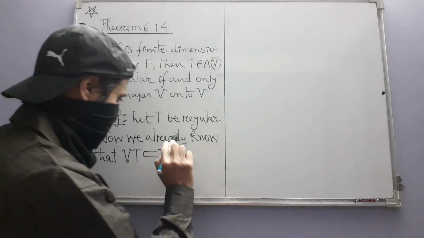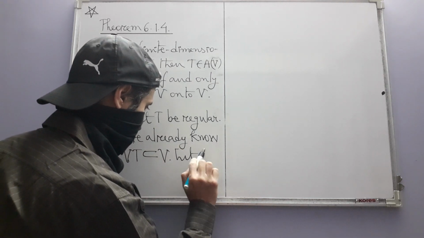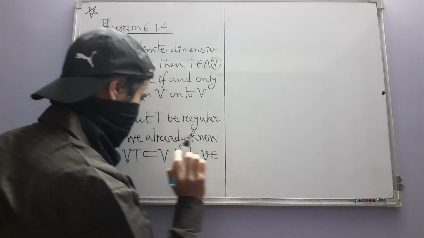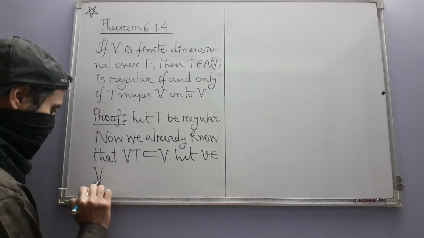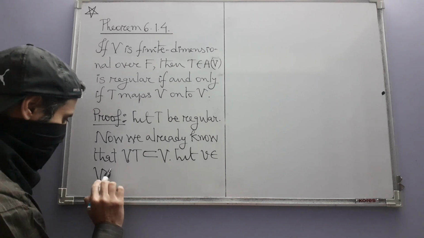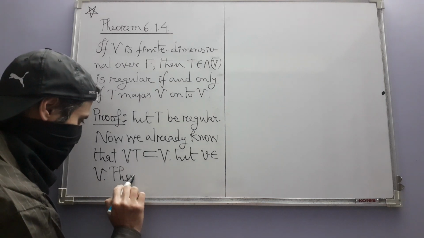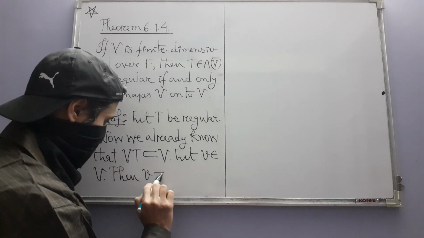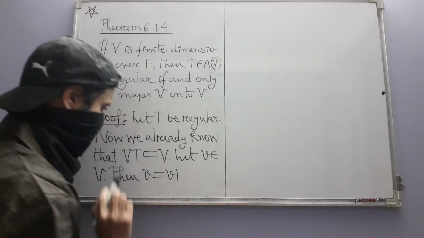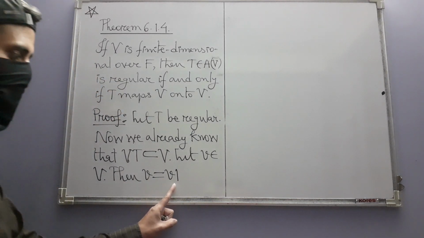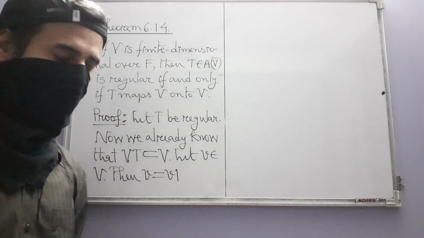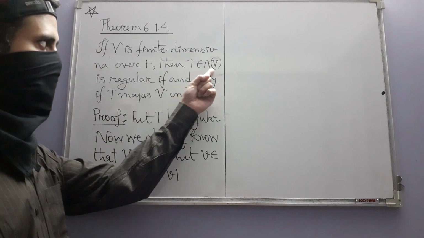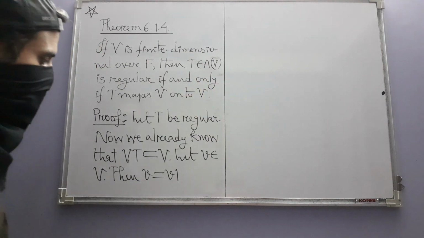So for that, let v be any vector in V. Then v can be written as v1, where 1 is the identity operator, which is also the unit element in this algebra.